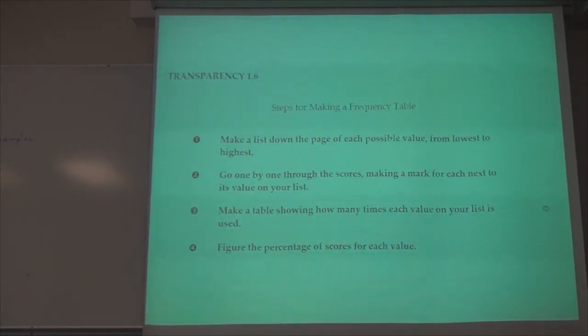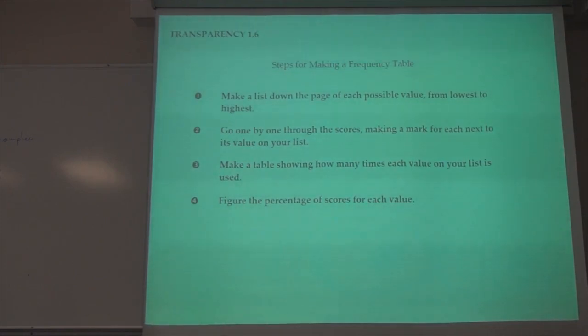So what are the steps? Let's just emphasize the steps for making my frequency table. Here, let's read this together. I want to make a list for each possible value or each possible grouping that covers all the values in the case of a continuous variable.